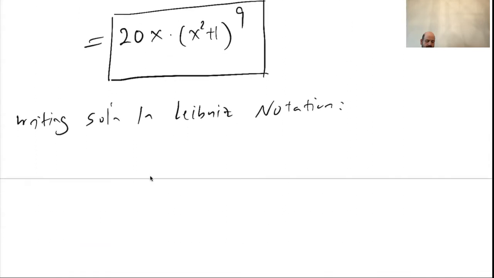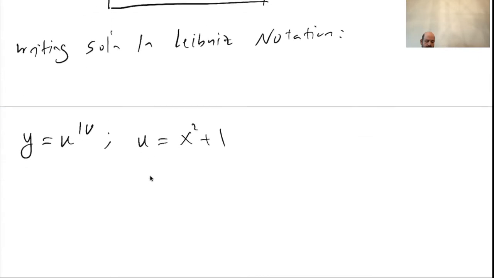Y is equal to u to power 10. And u is x squared plus 1. So if you want dy/dx, in Leibniz notation, we said dy/dx is dy/du times du/dx.